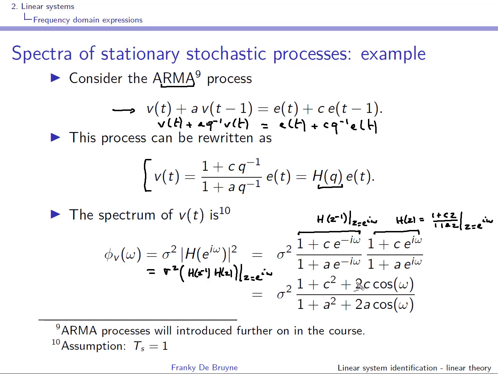If you do the calculations, this is the spectrum that you have. So you see that the original spectrum of e was flat, but the one of v will not be flat. It will actually be a function of omega.